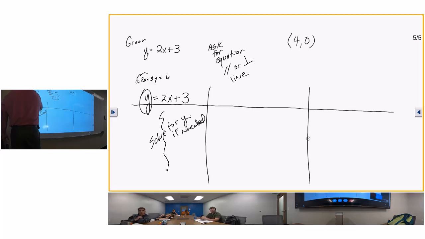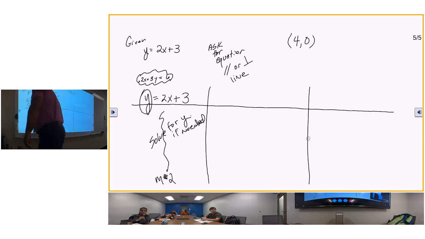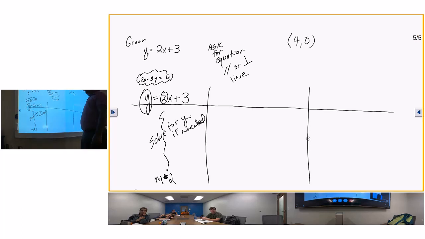You may have something like that. You would write that right here, and then you'd solve for y down through here, and you'd get m. In this case, m is equal to 2. Does everybody see where I got m is equal to 2? Okay, everybody see that?